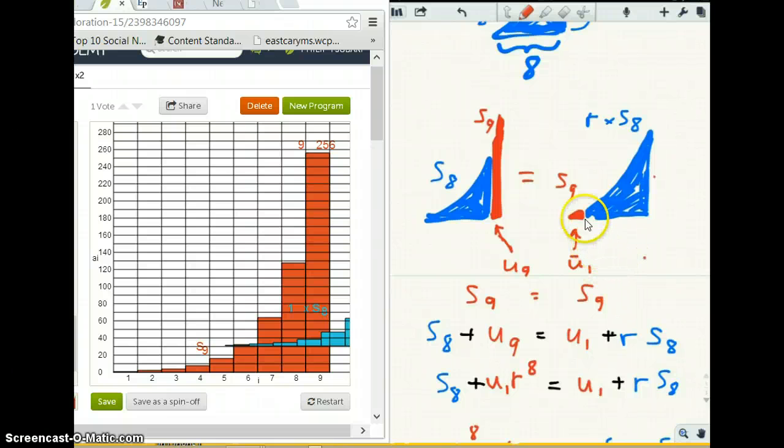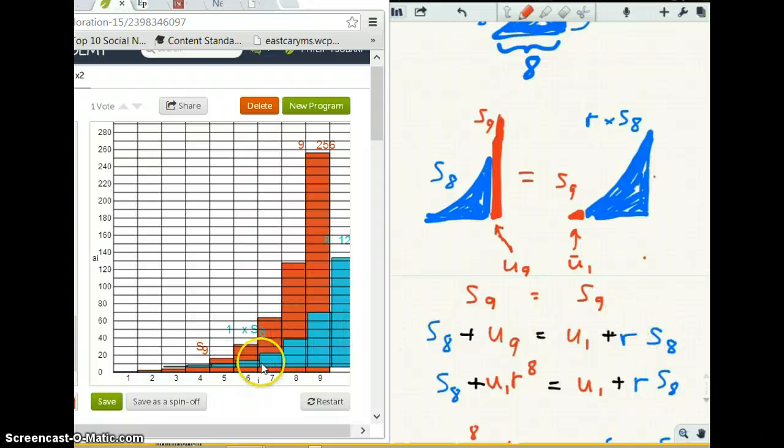And so I'm going to use that trick to take the total region here, which is the red S9 region, and break that into two components. One is the U1, which is the first term, and then I'm going to add R times the original blue region.